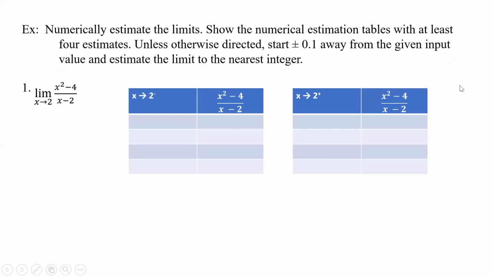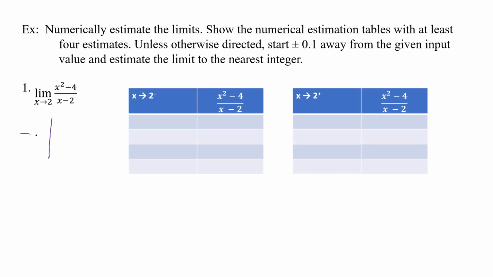All right, so now we want to numerically estimate the limits. Show the numerical estimation tables with at least 4 estimates. Unless otherwise noted, start at 0.1 away, either plus or minus. So if we're coming from the left, we go a minus. If we come from the right, it's going to be a plus, from the given input value, and then estimate the limit to the nearest integer. All right, so we are going to be approaching some c value.